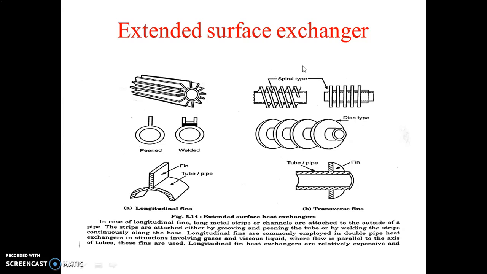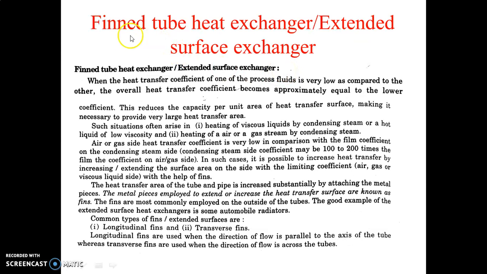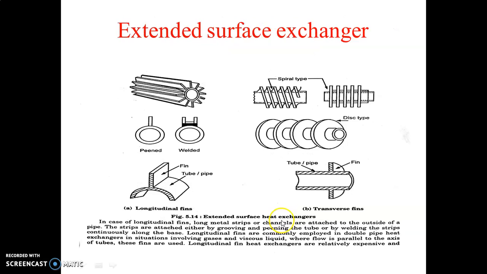The remaining construction and working is the same, but only the tube surface is extended by attaching metal pieces according to your requirement. So it is called an extended surface heat exchanger or fin tube heat exchanger. Fin and extended surface both have the same meaning.